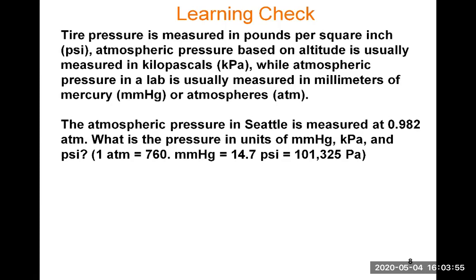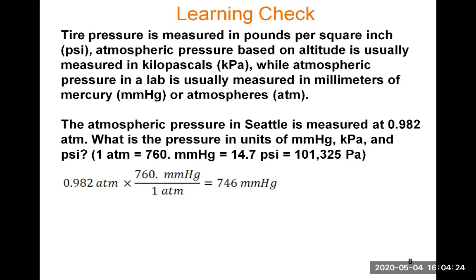Because the given amount, 0.982 atmosphere, is in atmosphere, you will want to use the conversion factor such that the atmospheres cancel. So the 1 atmosphere will be on the bottom of the conversion factor, and the 760 millimeters of mercury will be on top. So you see that atmosphere cancel this way.